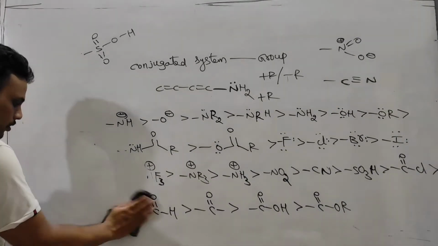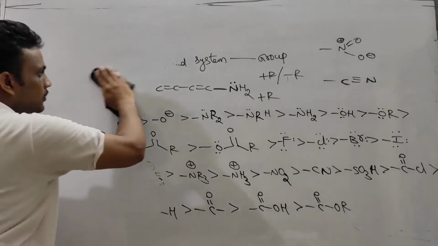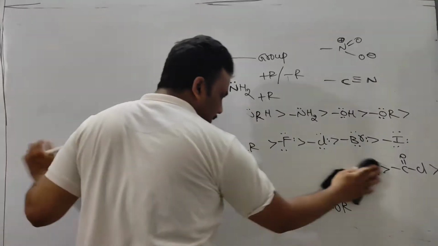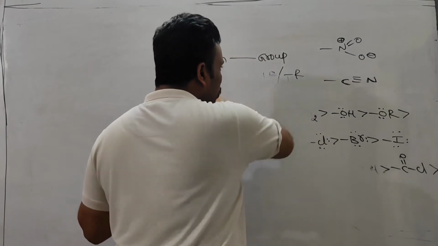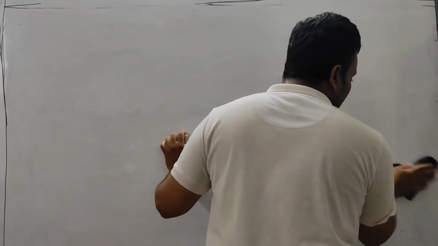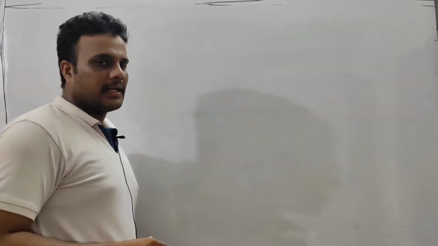Now I am going to clarify your doubt. That is, sir, you see groups like amino or OH or alkoxy, it behaves sometimes as an inductive group, sometimes as a resonance group. So how to understand this concept? Already I gave the trick.